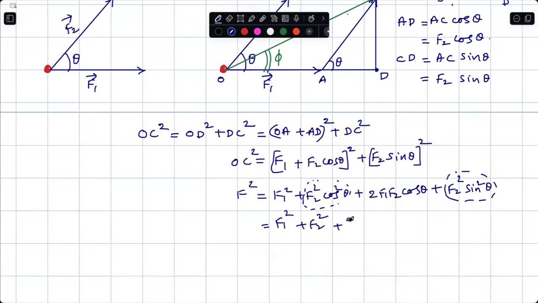And this is 2 F1 F2 cos theta. And this is F square.